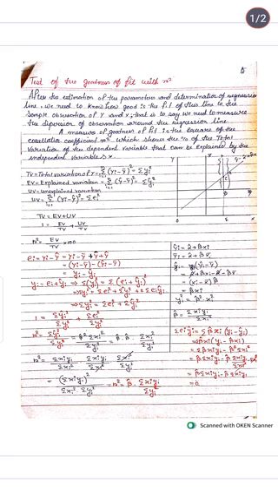Taking summation on both sides, we get the sum of small yi square is equal to the sum of (ei plus yi hat) whole square. This is the (a plus b) square formula, we apply this: a square plus b square plus 2ab, that means the sum of ei square plus the sum of yi hat square plus 2 into the sum of ei yi hat.